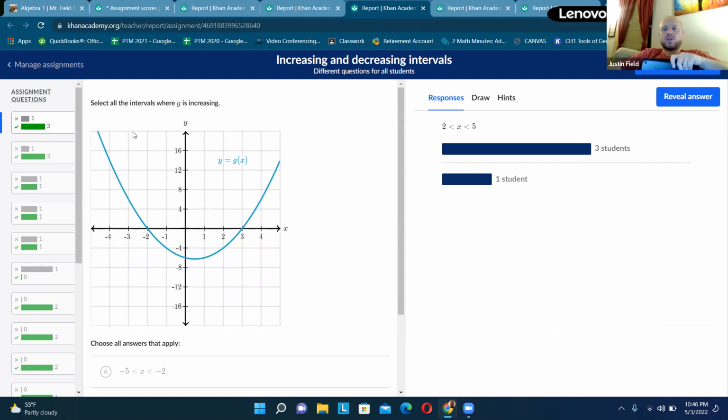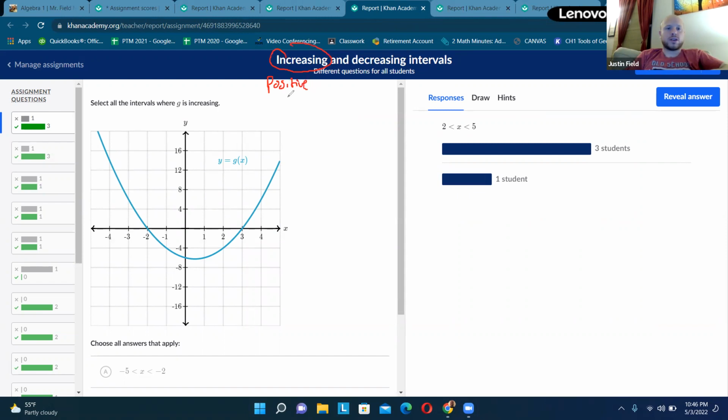So now this one, we're talking about the slope. Increasing, positive slope. Decreasing, negative slope. Now it's not a line, it doesn't actually have a slope, but what we do is we talk about these things called tangent lines.